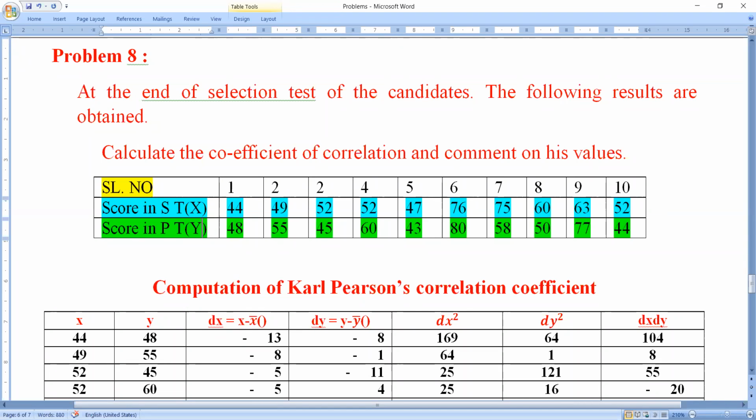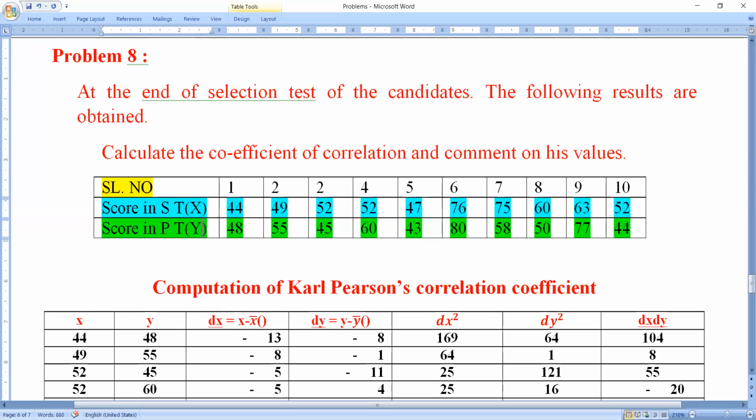In the scores in X, they have given 10 values: 44, 49, 52, again 52, 47, 76, 75, 60, 63, 52. These are the values given as the X series.